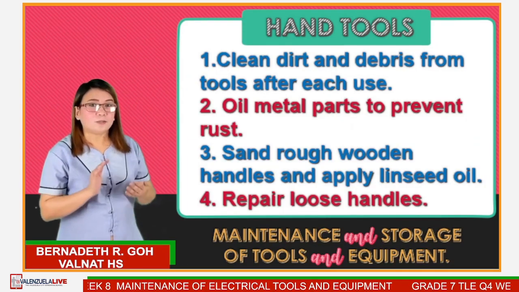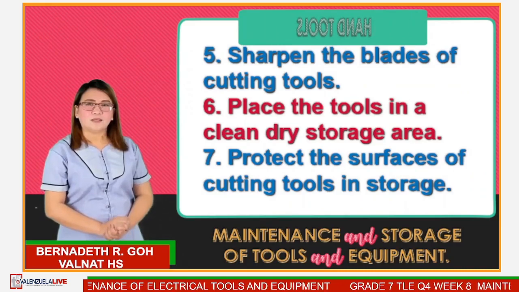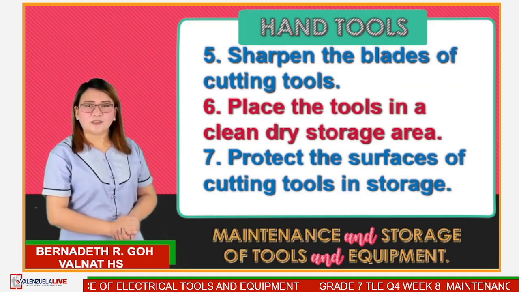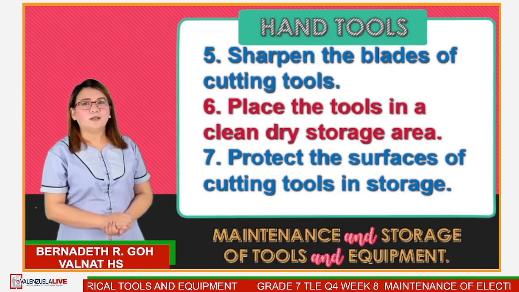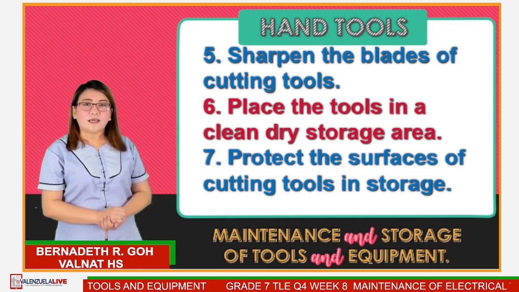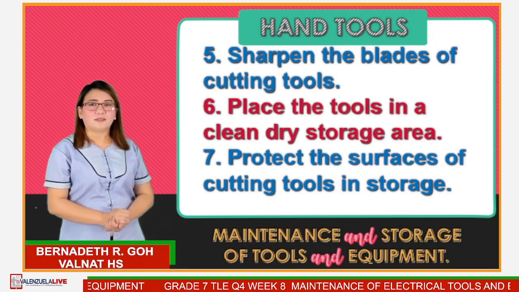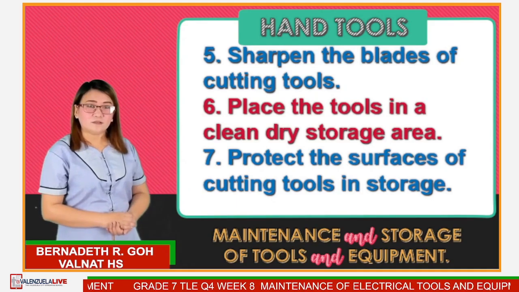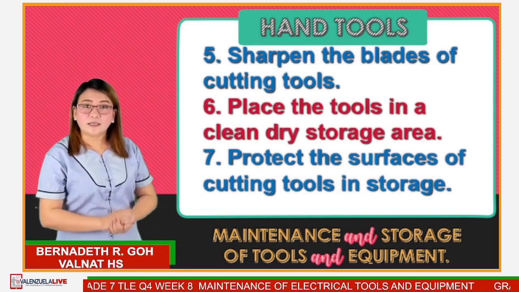And repair loose handles. It is also important to sharpen the blades of cutting tools. Place the tools in a clean, dry storage area. Last one, protect the surfaces of cutting tools in storage.